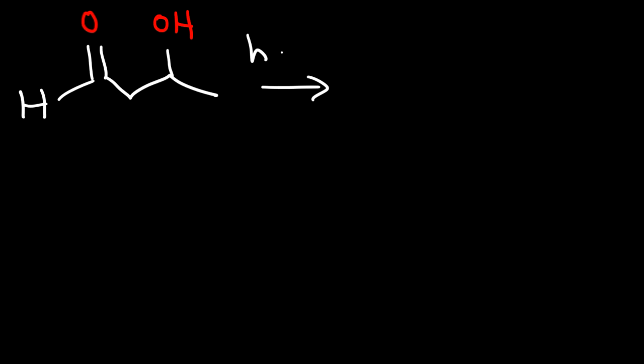Now once we have the aldol addition product, something else could happen. What do you think is going to happen if we heat this product? Once we heat it, we're going to lose the alpha hydrogen and the OH group. So basically we lose water.